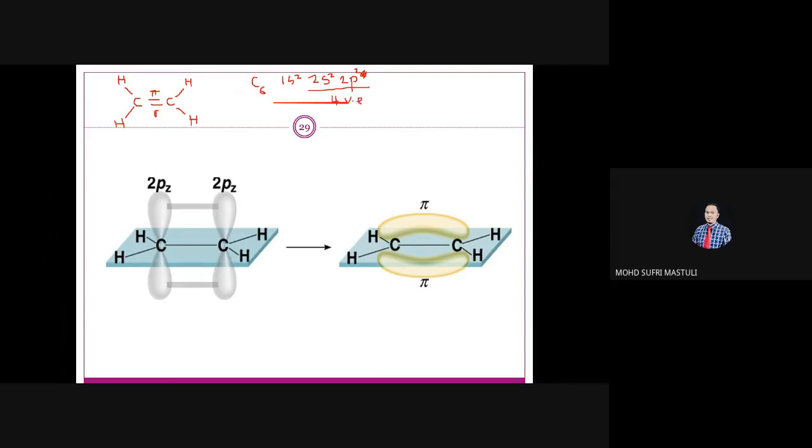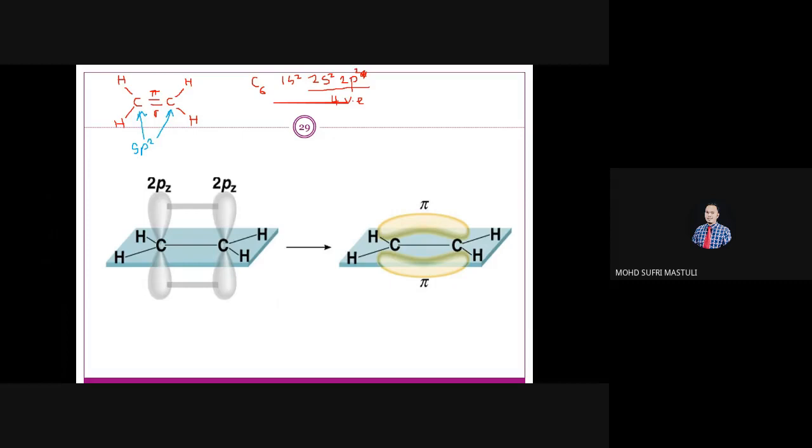And then we know each carbon in this particular example should have what type of hybridization? sp2. Same goes for this carbon, sp2. Why sp2? Because 3 electron domains, 3 bonding pairs plus 0 lone pairs.